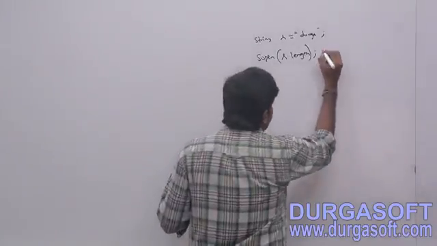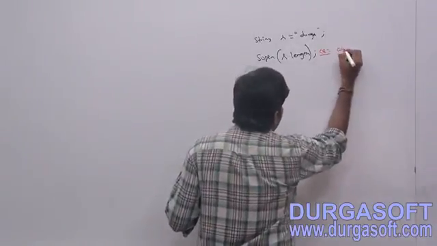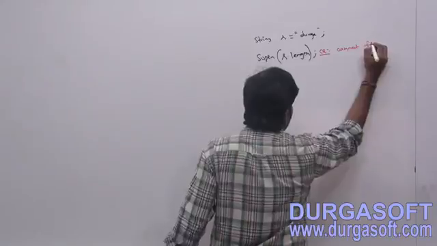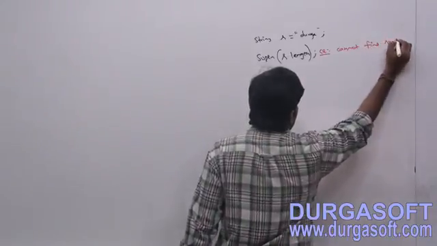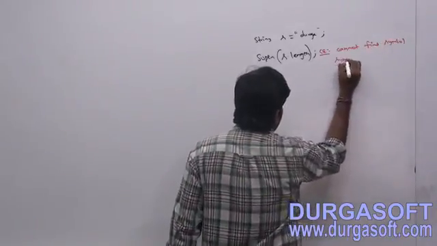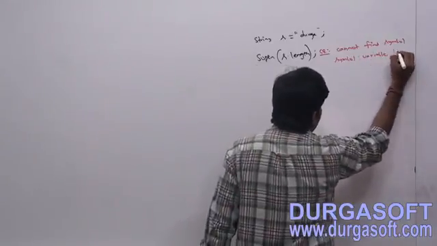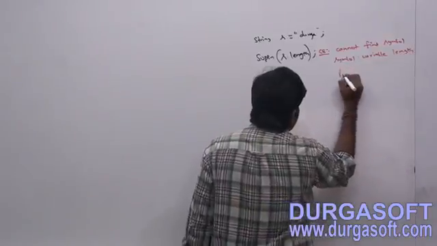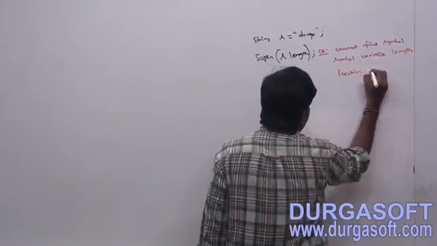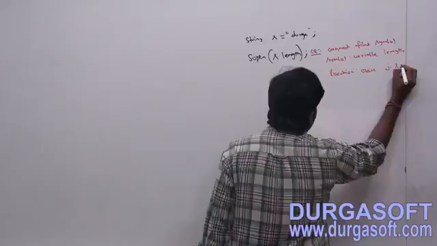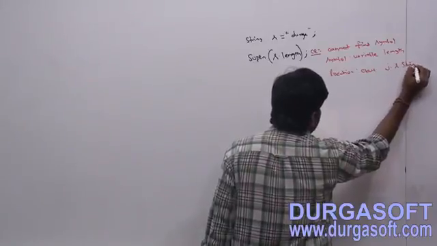Can you tell what compile time error we are going to get? Cannot find symbol. Which symbol? The variable length, in which location? Class java.lang.String.